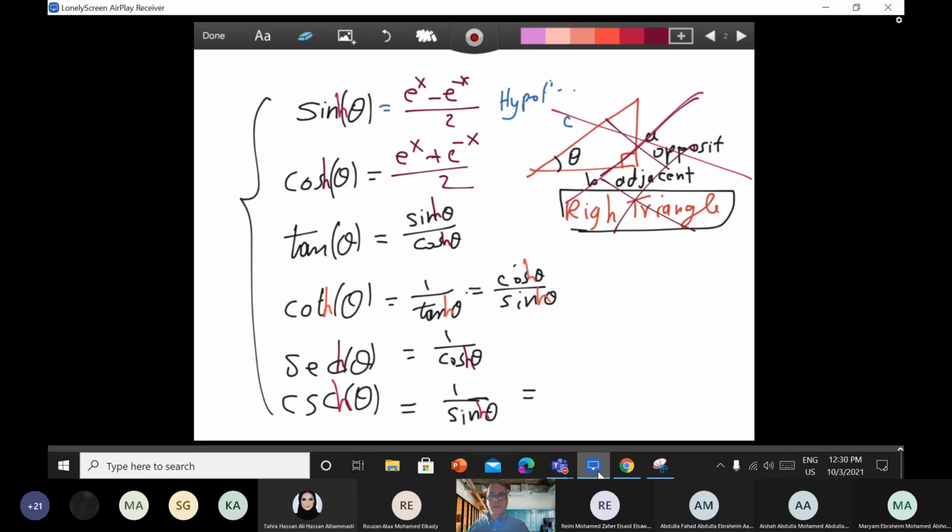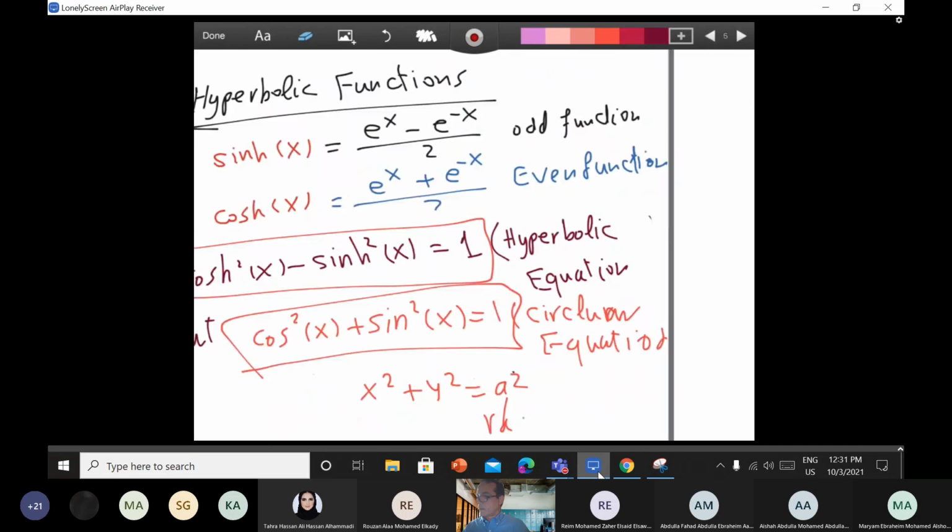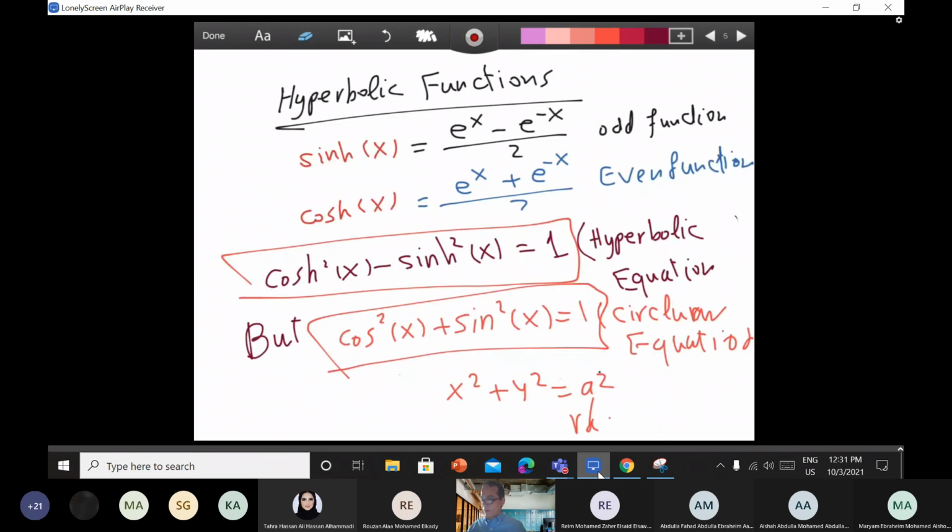So it's not magic. It is proved, right? And he found the same thing working with this one for the main trigonometric identities becoming hyperbolic identities.